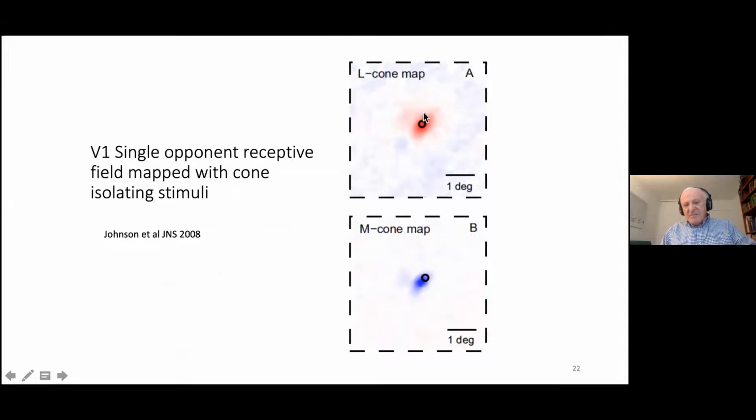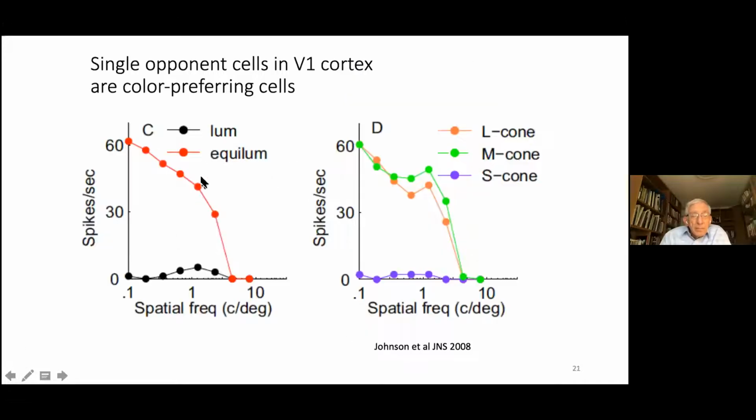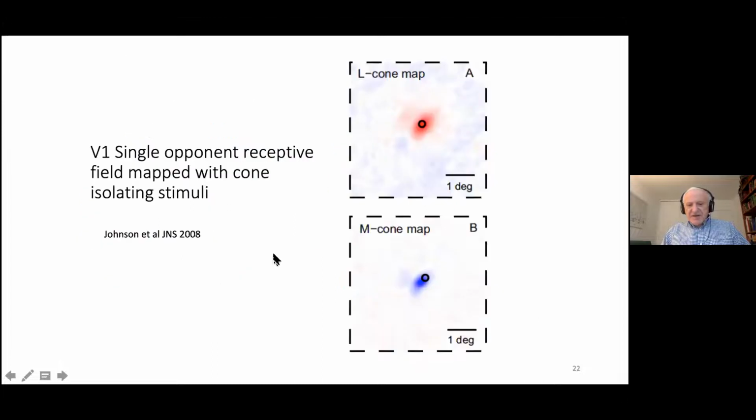You can see that it's monophasic, and the color indicates the sign, positive and negative. It's all positive for L cones and all negative for M cones. It looks a little bit like a big LGN cell receptive field. This was published in a paper with Elizabeth Johnson and Mike Hawken a while ago. So you can go from the spatial frequency map to the spatial map and measure it directly and verify that the two are consistent, not just infer it.